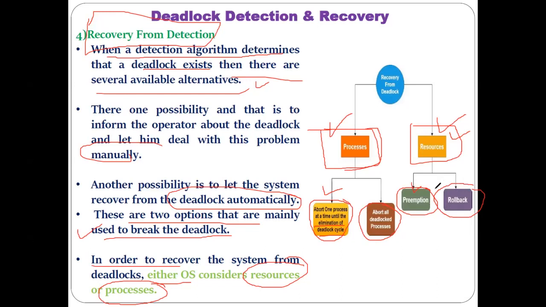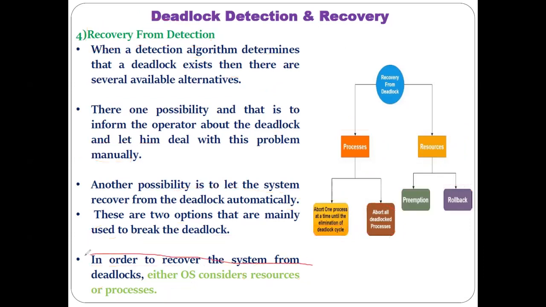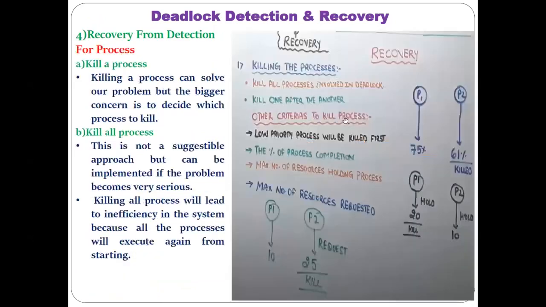Understood? So after the deadlock detection, the operating system considers two levels for recovery: one is the process level, another is the resource level. Let's see it in detail.